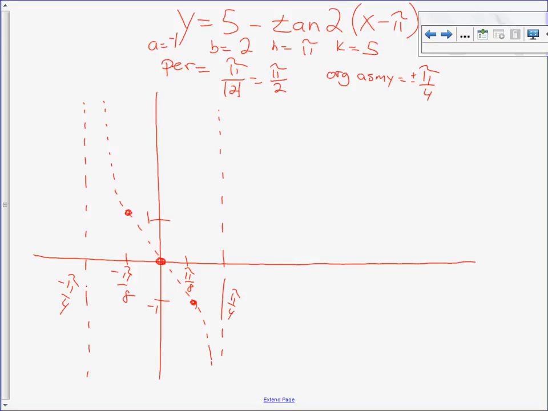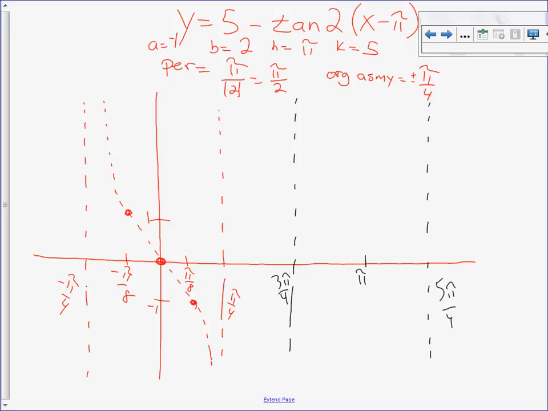I'll start with the asymptotes. I know that my new asymptote will be at 3 pi/4 and 5 pi/4. I know that exactly halfway in between them is pi, because remember, exactly halfway in between the original was at 0, 0. So the new halfway point is at pi.